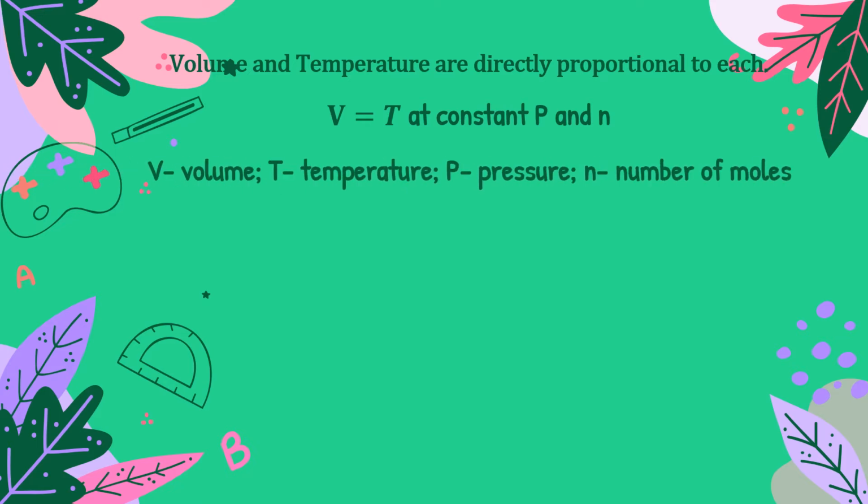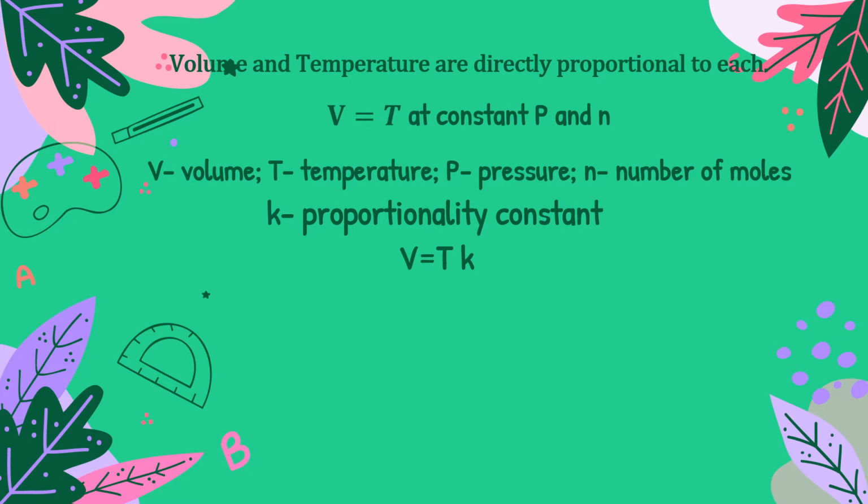V, capital V, is the volume, capital T is the temperature, capital P is the pressure, while small letter n is the number of moles. Now, because volume and temperature are proportional, we will have a symbol K to represent the proportionality constant between volume and temperature.